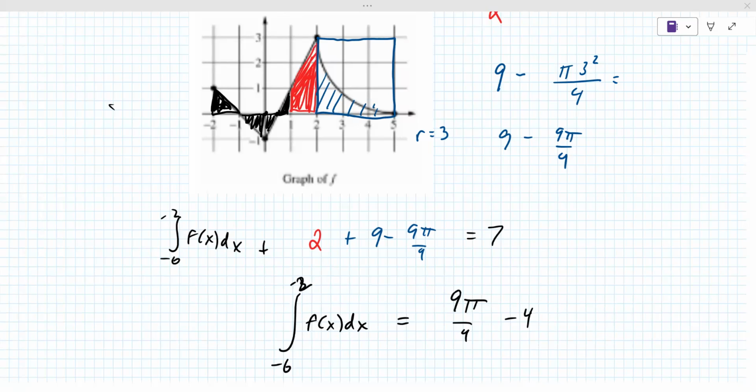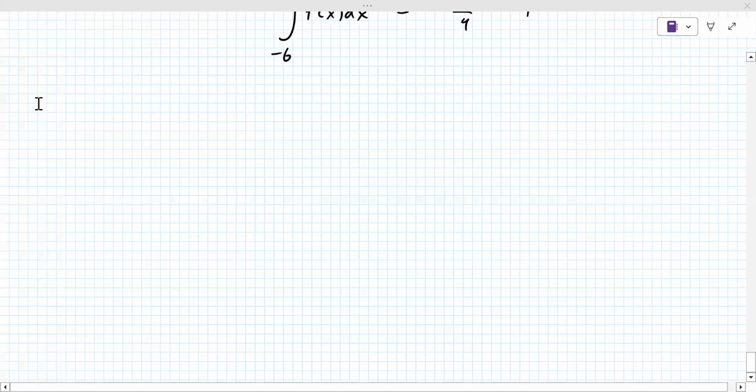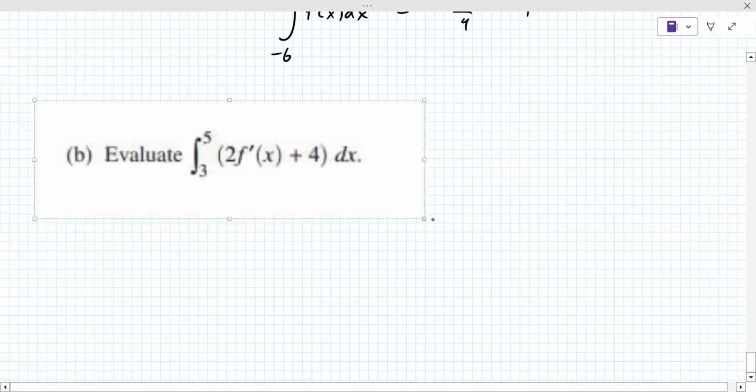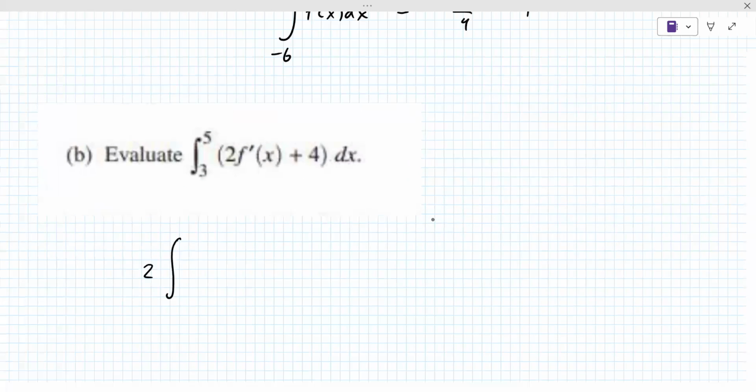All right, so for part B, really don't have enough time to do it. I'll just sort of talk about what to do. You want to break this apart into 2 times the integral from 3 to 5 of f prime of x dx plus the integral from 3 to 5 of 4 dx.